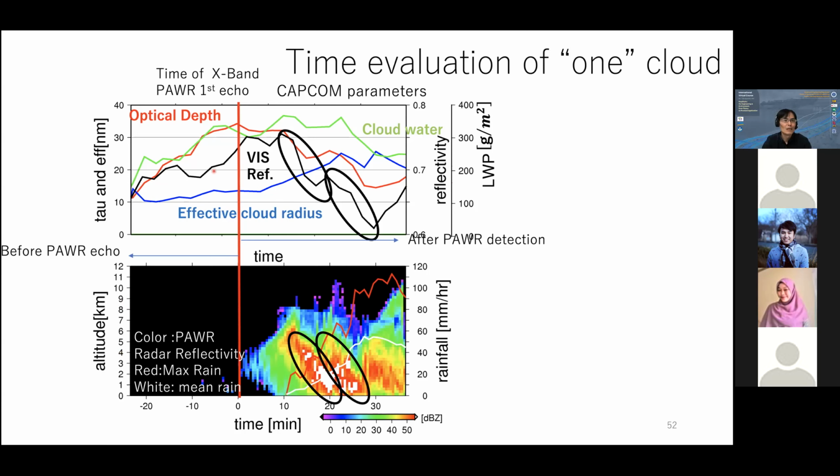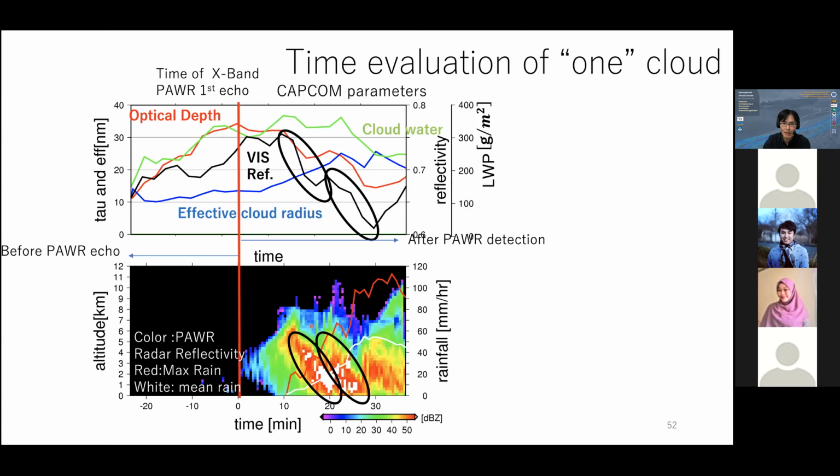So the visible wavelength reflectance is gradually increasing, and the cloud optical depth is also increasing, with a peak just before the radar's detection. After that, there is a rapidly developing phase in the phased array radars within 10 minutes.